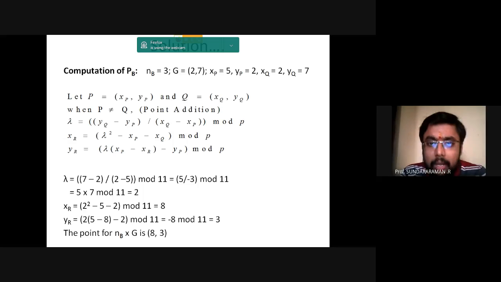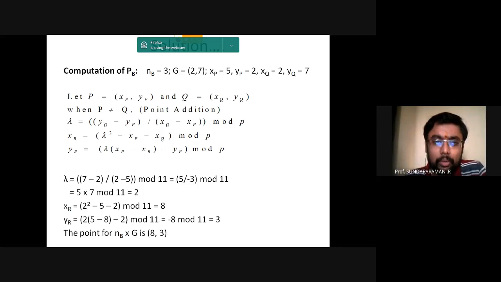XP is 5 and XR is 8. So 5 minus 8 minus 3. So minus 6 minus 2. So minus 8 mod 11, that is equal to 3. So the point for NB into G, that is 3 into (2, 7), is (8, 3). And this is performed at the user B side.